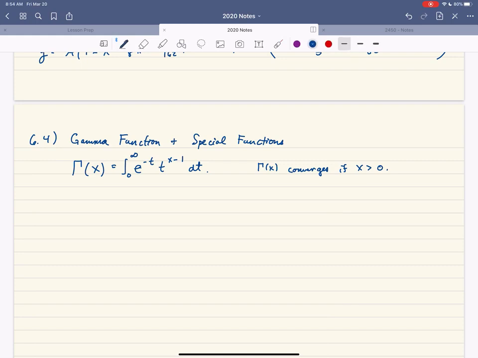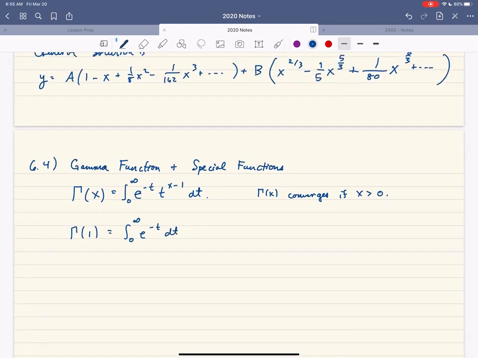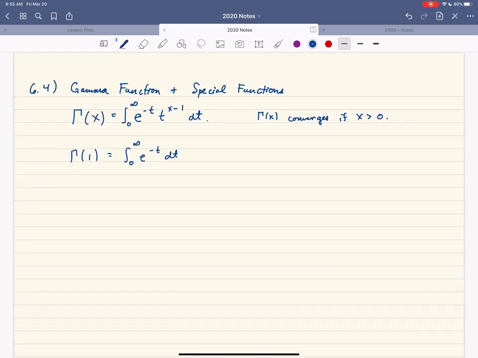And what I want to do is find a few values. I want to first compute gamma of 1. And gamma of 1 is just going to be the integral from 0 to infinity of e to the minus t dt. Let me do this completely the right way first.